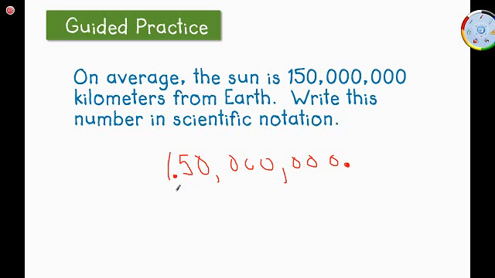Remember, we want our number to be between 1 and 10. So let's count how many positions it takes. 1, 2, 3, 4, 5, 6, 7, 8. This would be 1.5 times 10 to the 8th power. That's our answer in scientific notation.